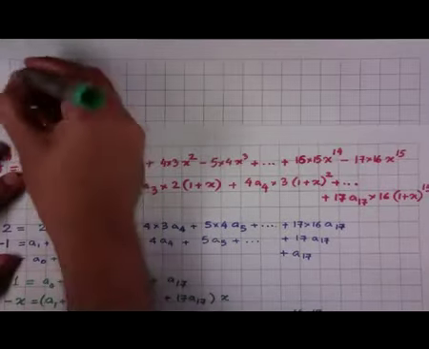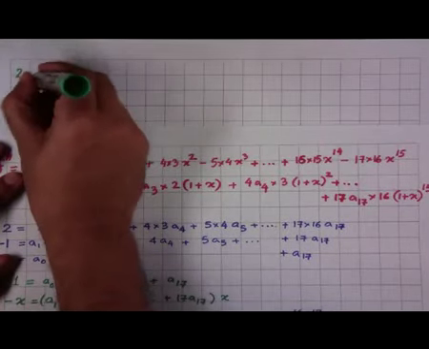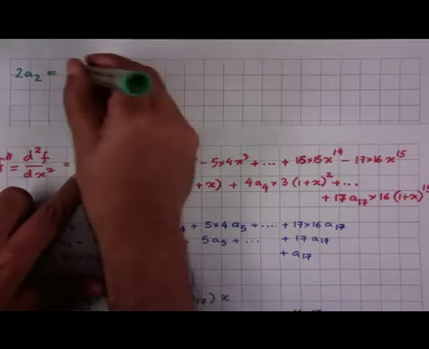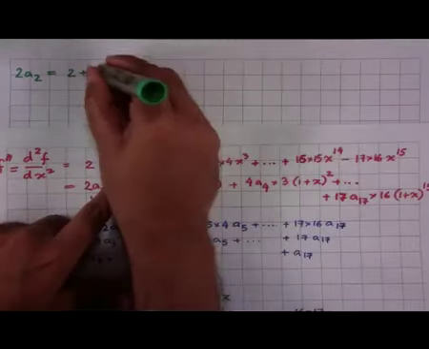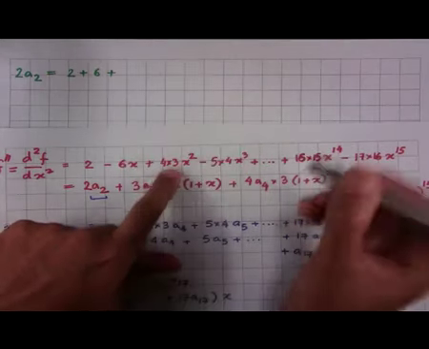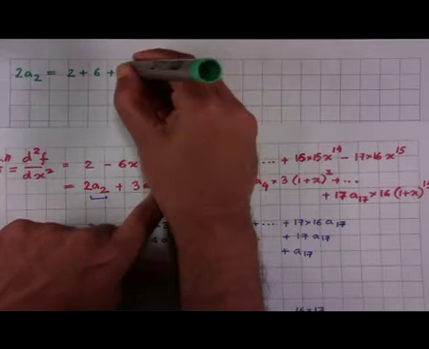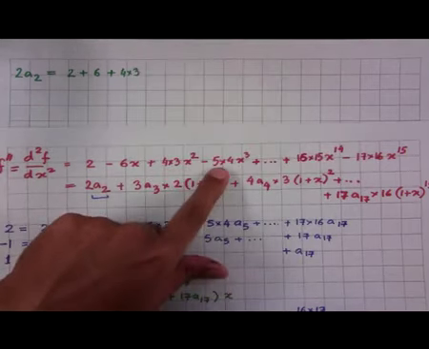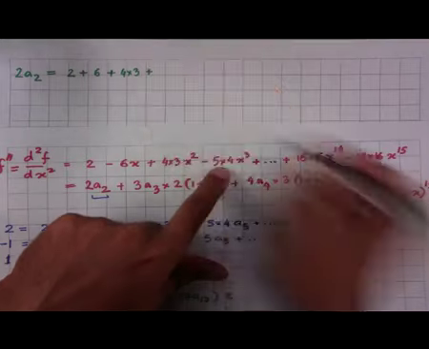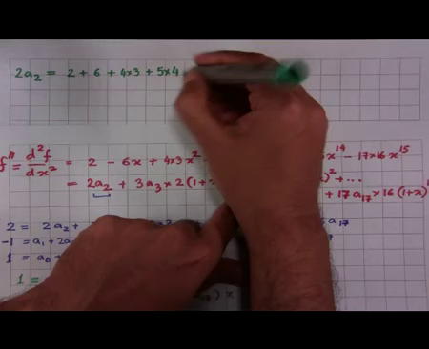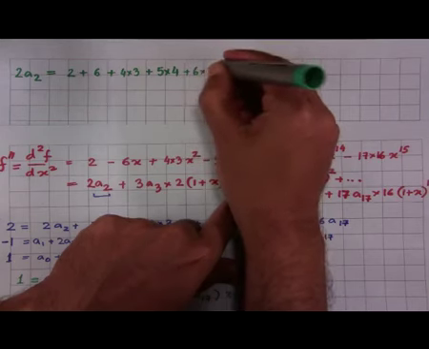Which means 2 times a2 is equal to 2 plus 6 plus 4 into 3, which is 12, plus 5 into 4 plus 6 into 5.